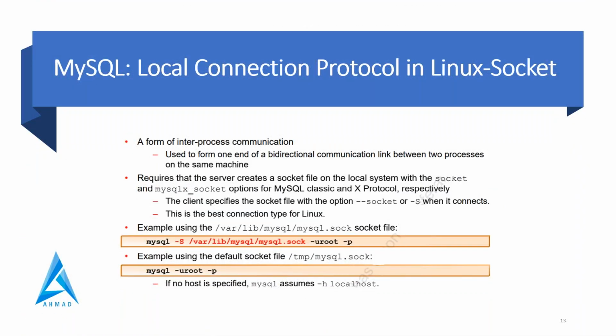Now the local connection protocol in Linux is the socket. It is a form of inter-process communication and requires that the server creates a socket file on the local system with the socket and mysqlx_socket options for the MySQL Classic and X protocols. If I'm using a location where my socket file is, such as /var/lib/mysql, in which we have the mysql.sock file, we can give the full path with the -S option.